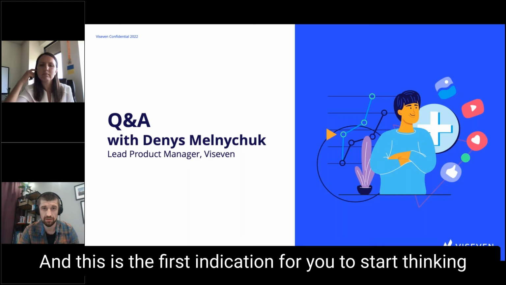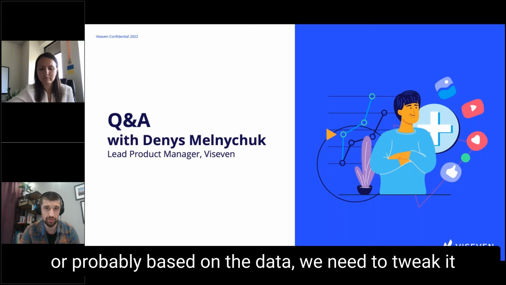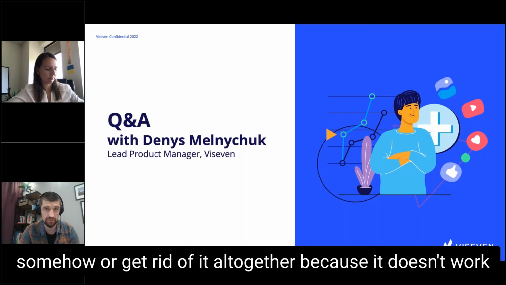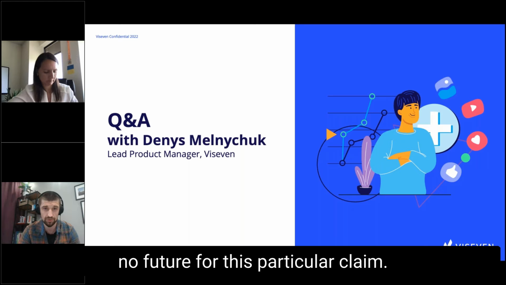And this is the first indication for you to start thinking of whether it's a good claim. Should we use it moving forward? Or probably, based on the data, we need to tweak it somehow or get rid of it altogether, because it doesn't work and we've been using it for long enough to understand that there's no future for this particular claim.